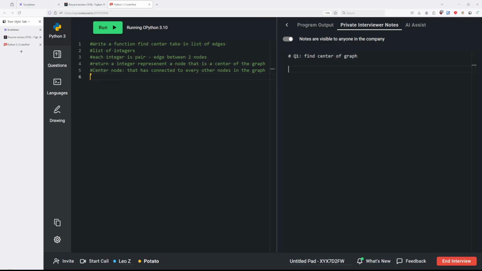Okay. So we need to write a function to find a center that takes in a list of edges. The integers are a pair between two nodes, and it returns an integer that represents a node that's the center of the graph. So we need to return a center.